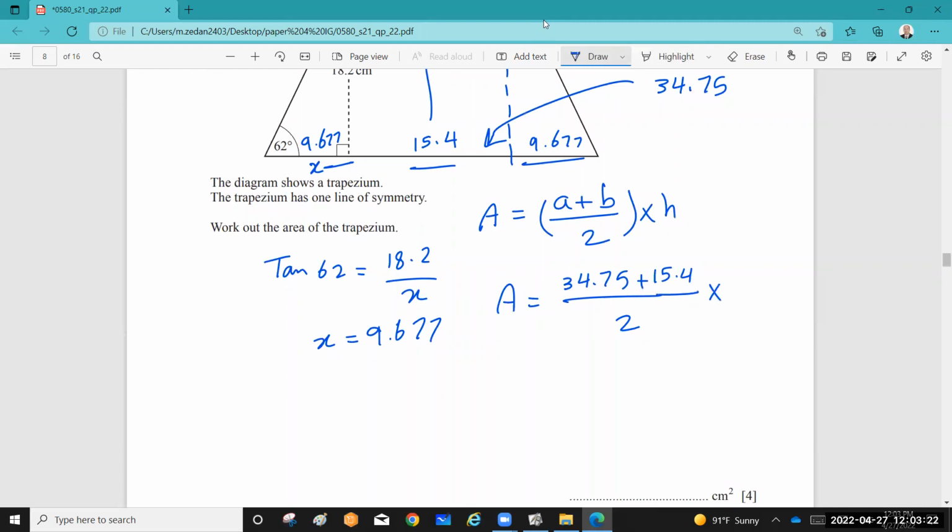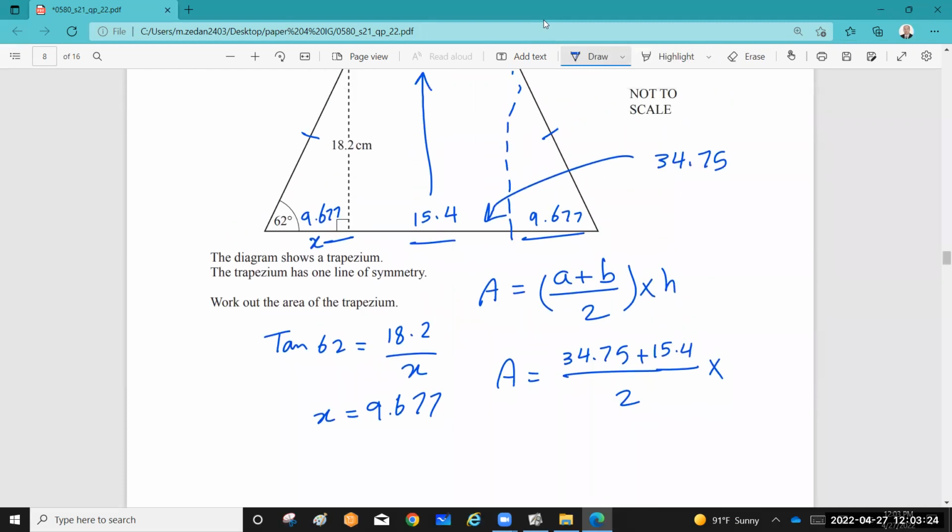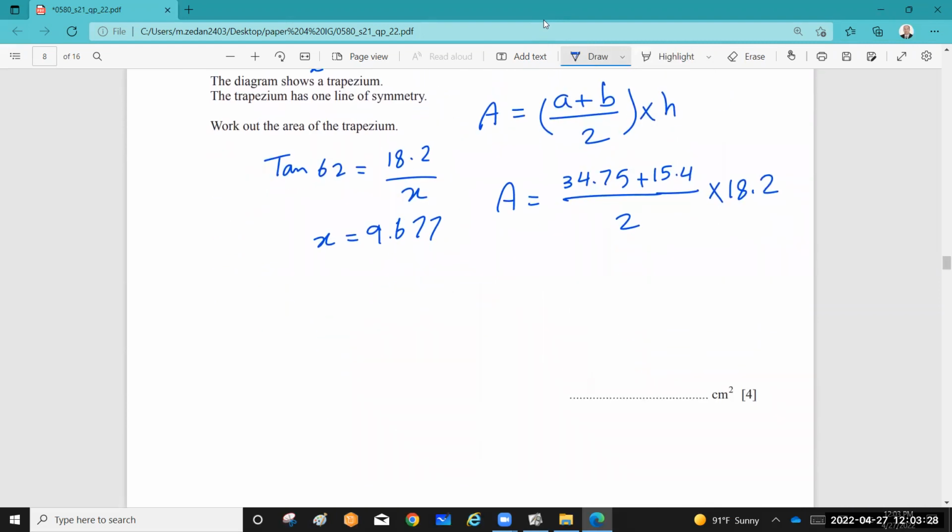I get the average base, multiplied by the perpendicular height between them, which is 18.2. And you solve this by calculator, you will get 456.4. Okay, this is the area of the trapezoid: the sum of the parallel bases over 2 times the perpendicular height between them.